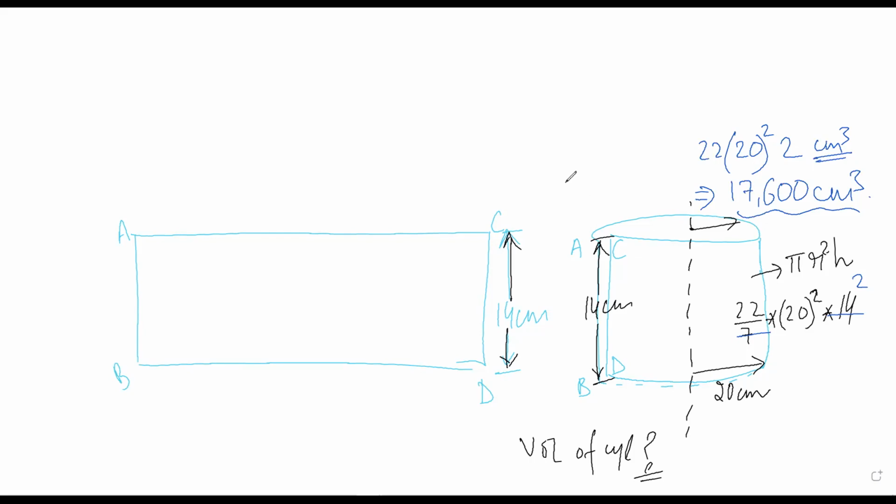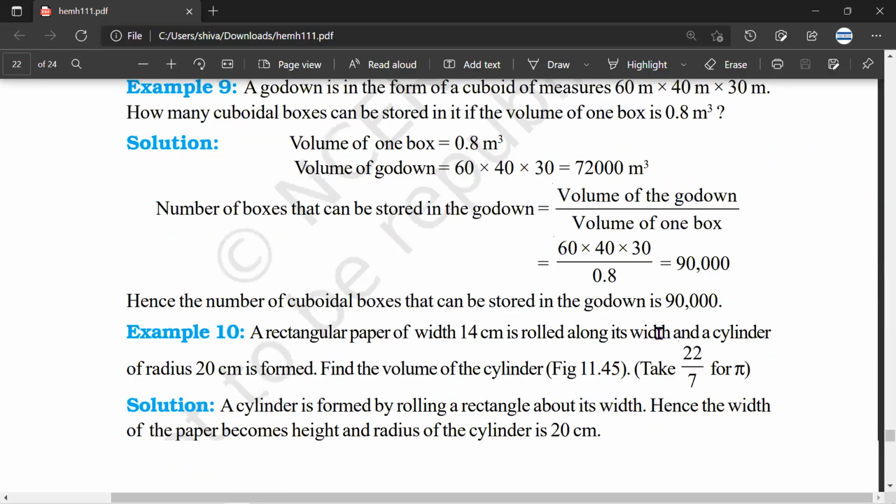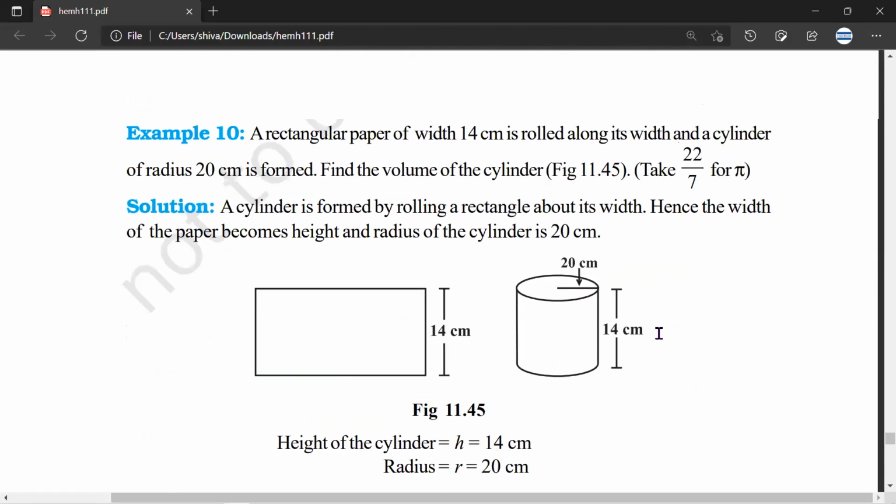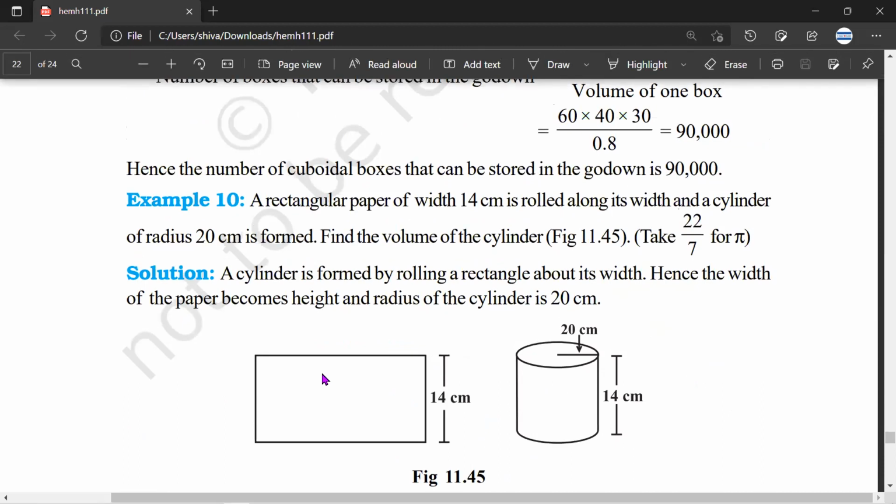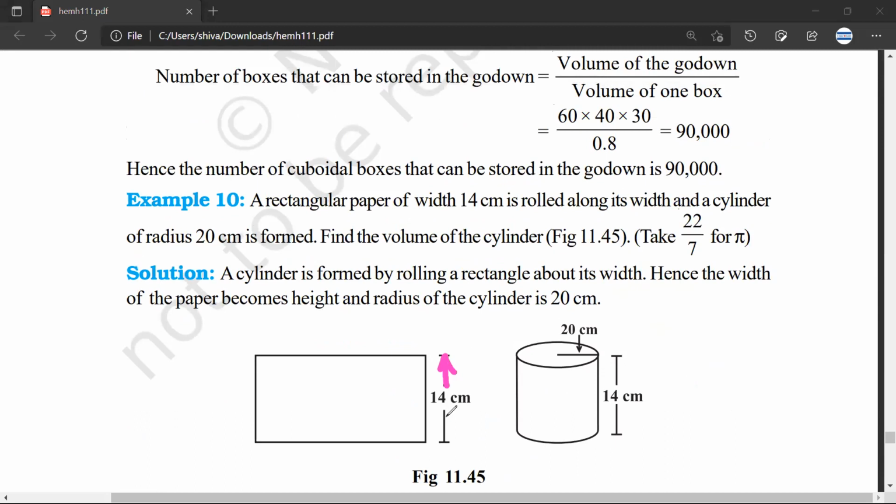See, there is a similar question. We'll do another question which is similar to this. These are solved examples, but I want you to understand how the logic flows. So this is what the question looks like. So this was 14 centimeter. So the height was 14 centimeter. The radius is 20 centimeter.